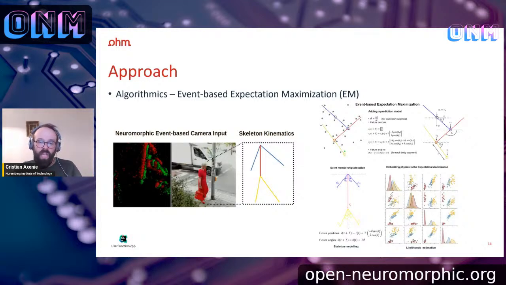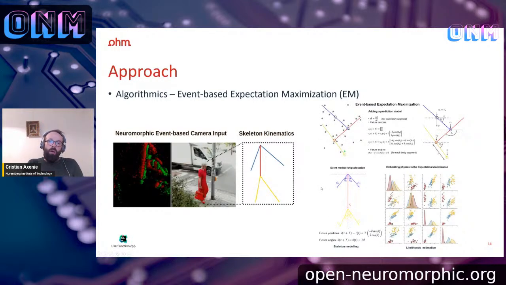Then we have a merging part where we combine all these estimates and compute the membership to our body segments. The likelihood was the sum of all these contributions. So we had this body segment in the lower part where we then matched all these events.